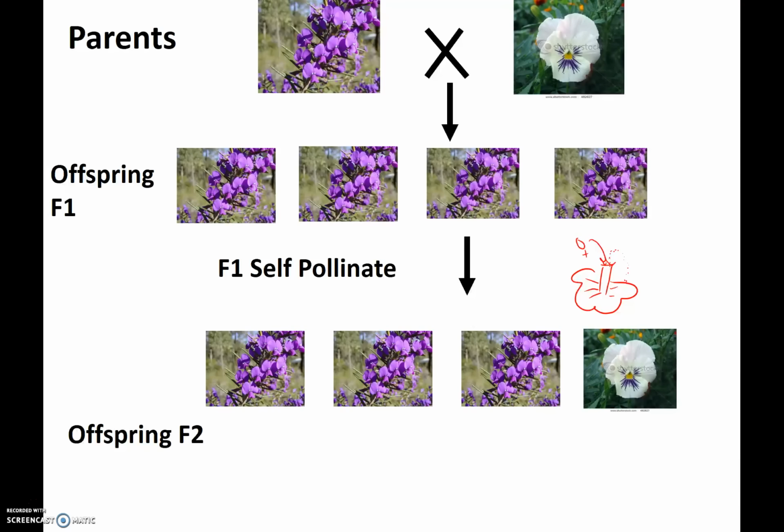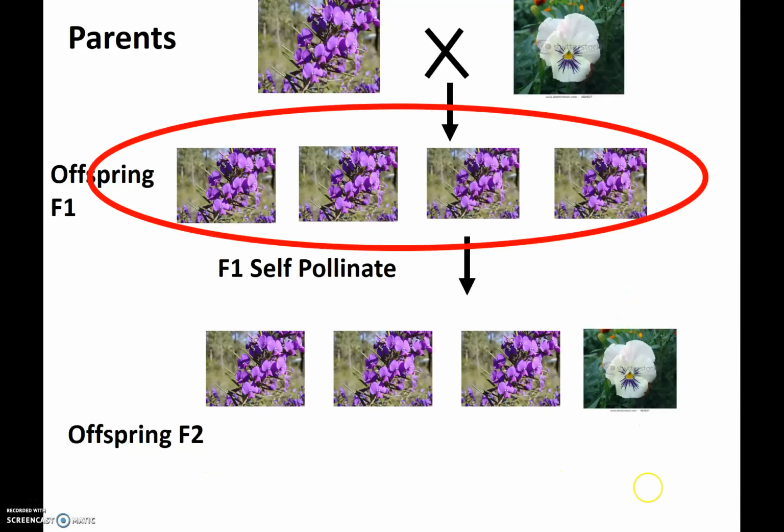What he found was that 3 of the offspring, 75%, were purple, and 25% had white flower color. This is the F2, our second generation. So we have our P generation, our F1, and our F2. When we look at our F2, we see a 3-to-1 ratio.